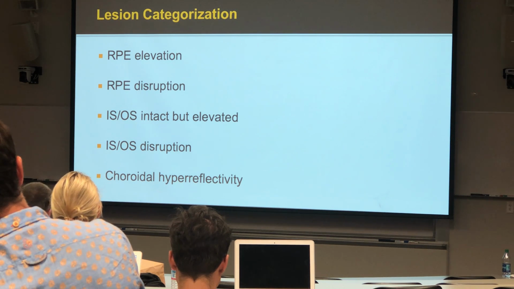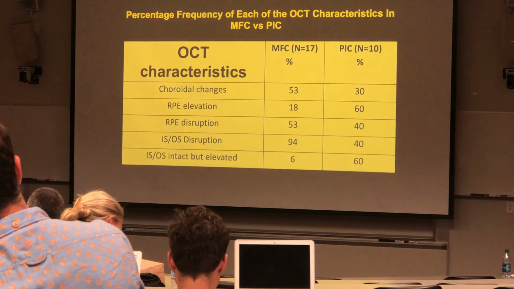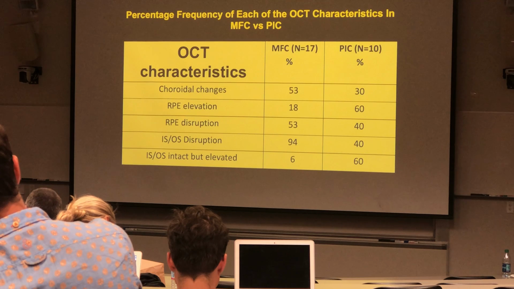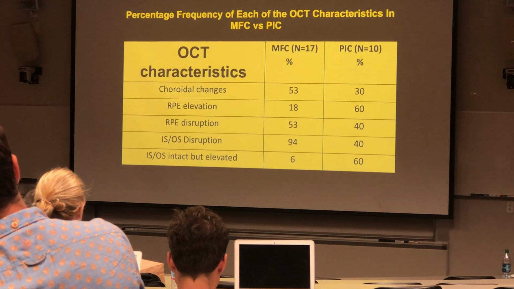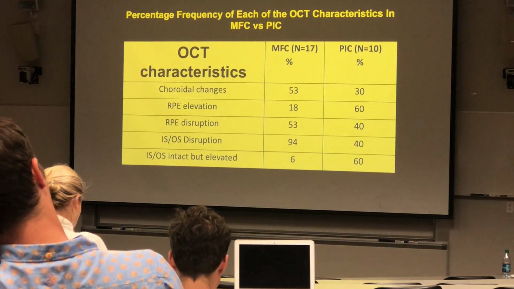We would look for RPE elevation, RPE disruption, ISOS, whether it's intact or elevated or disrupted, and then some choroidal hyperreflectivity. The reason we characterize the lesion in this way is because we've seen that in MFC, it's more choroidal changes that we see in these lesions compared to PIC, where only 30% of the lesions we've seen in PIC patients show choroidal changes.